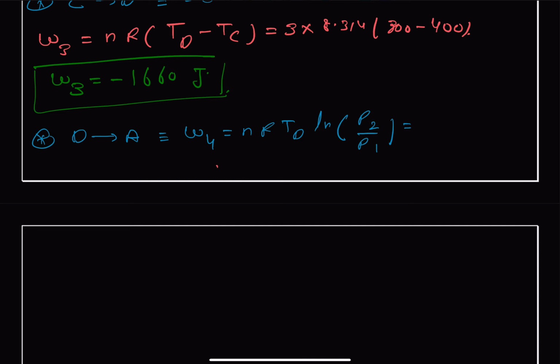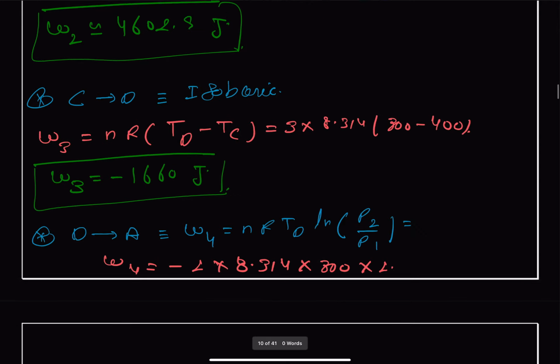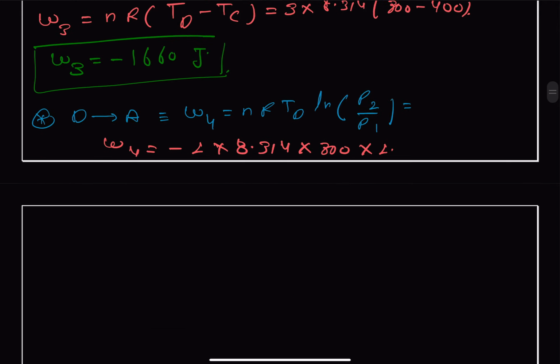Let me correct myself, W4 will be minus, and then it comes as 2 into 8.314 multiplied by our 300 and multiplied by 2.303 and natural log of 2, sorry.